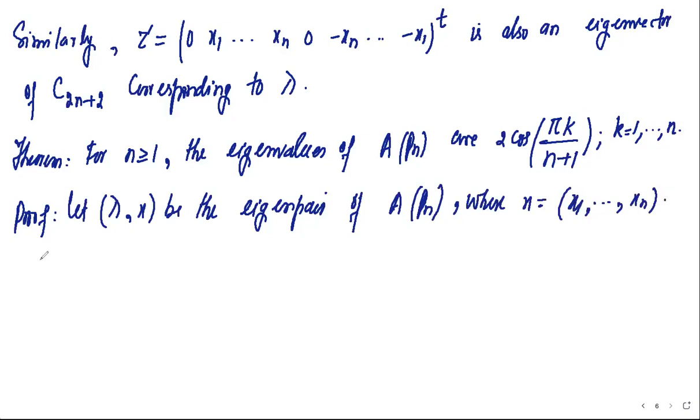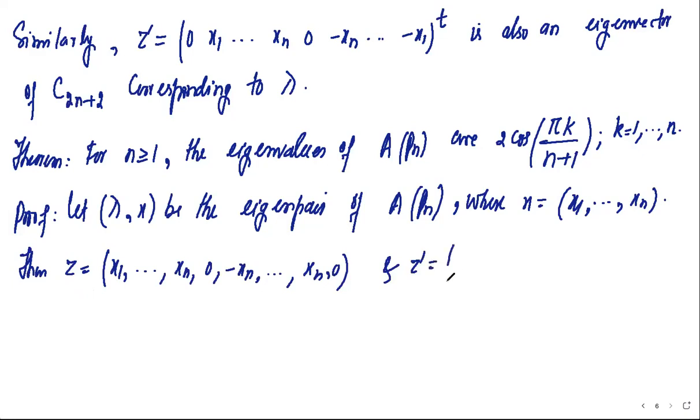Then from the previous proposition, we just need z, which was defined to be equal to x1 through xn, then 0, then minus xn through minus x1, and z', which is equal to 0, x1 through xn, then 0, minus xn through minus x1.